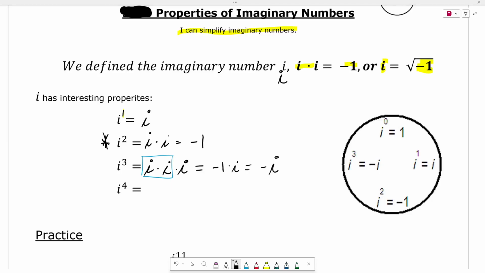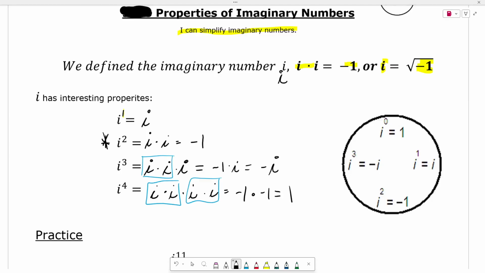And the last one is i times i times i times i: these two together and these two together give me -1 times -1, which gives me +1.